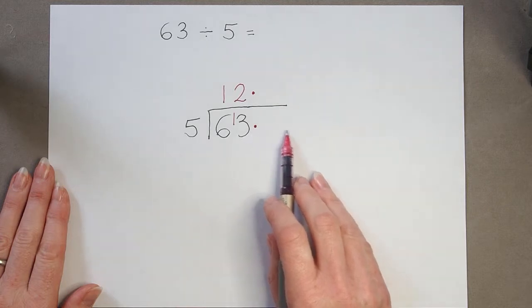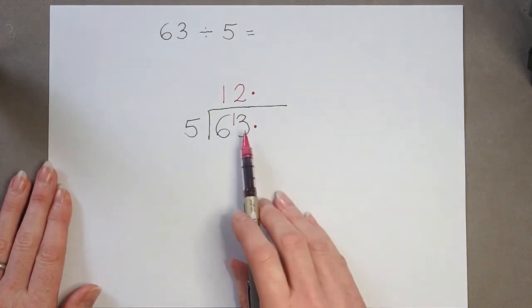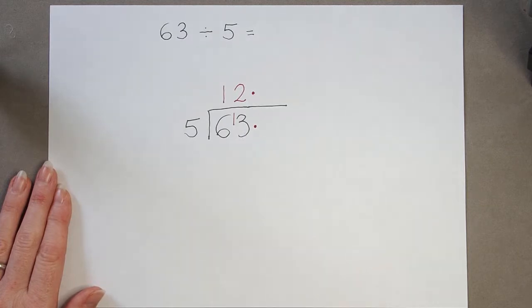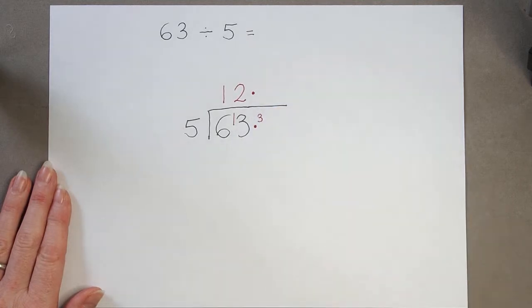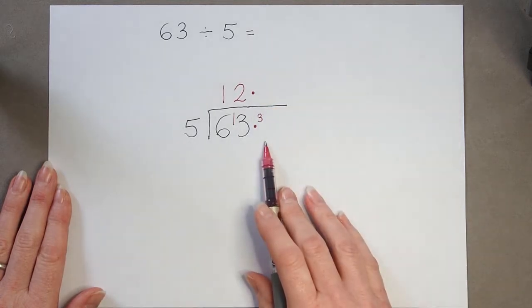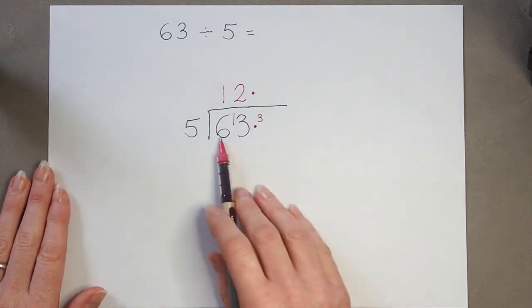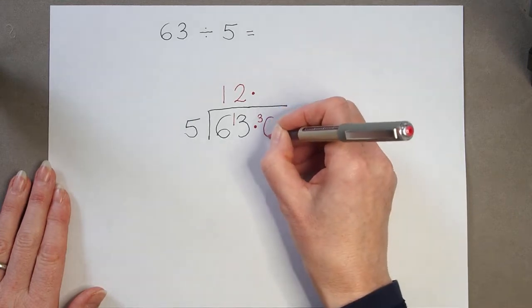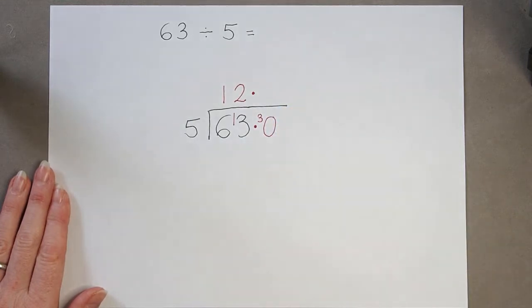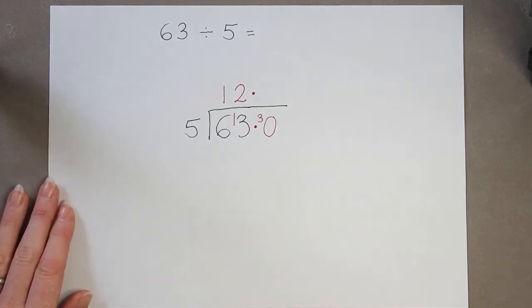So if I want to add any digits after that, they've got to be decimals, so it doesn't change my whole number. I've got a remainder of 3, which I normally write in front of my next digit, but there is no digit. The only digit that I can put in here without changing the number I started with, 63, is a 0, because 63.0 is exactly the same as 63.